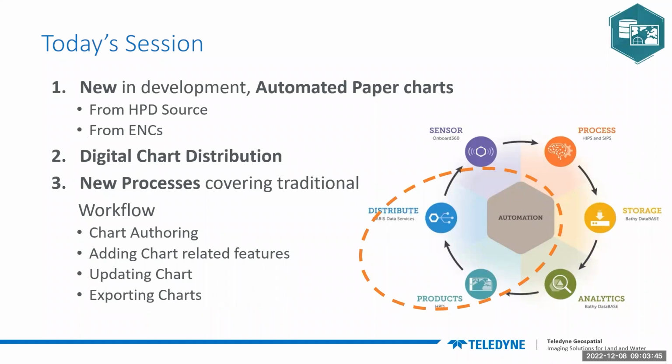We're then going to also speak to how these products can be distributed, be that in the cloud or via a web viewer. And then we're going to start to break down how all of that works and the new processes that exist in Paper Chart Editor and Process Designer for you to be able to start automating your charting workflows.